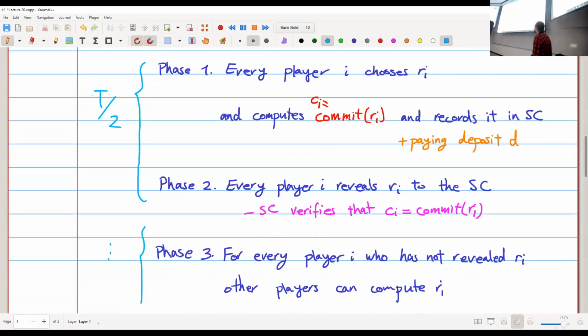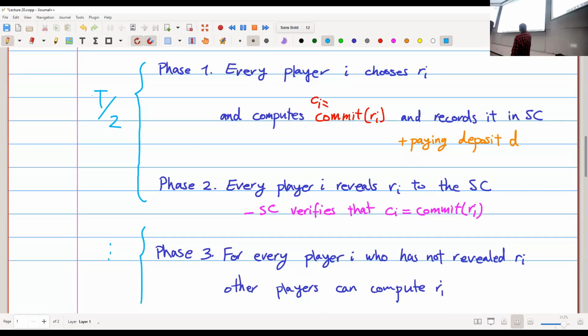Okay. So again, if I had an ideal commit function like this, and by the way, as I'm speaking, you know that I don't have it. But if I had something like this, then my commit and reveal would actually work pretty well for generating the random numbers. Because again, let's just go over this one more time.